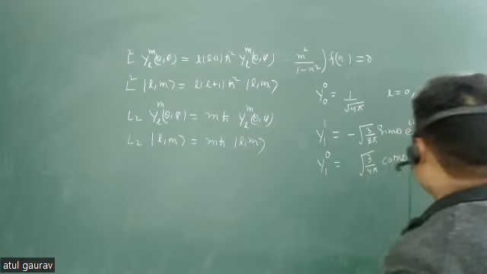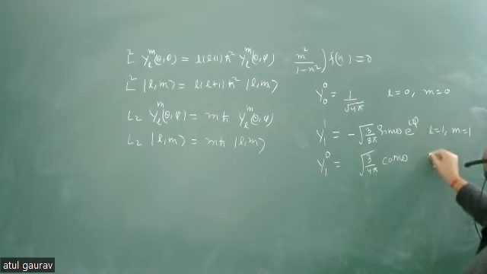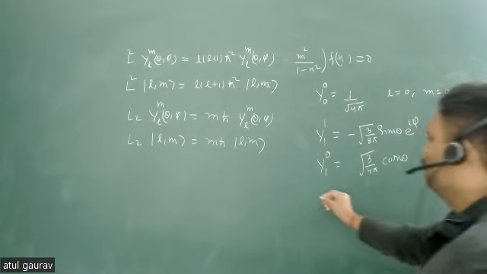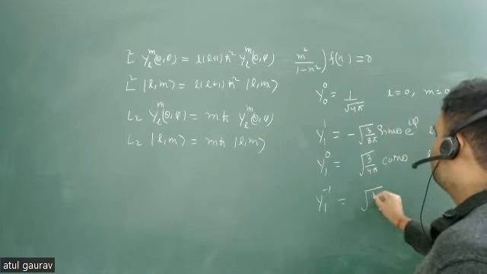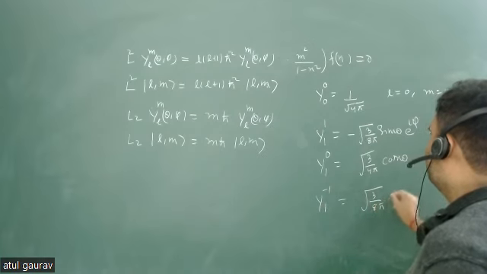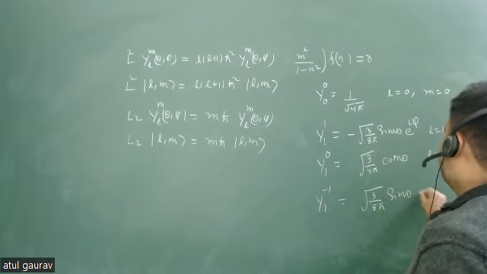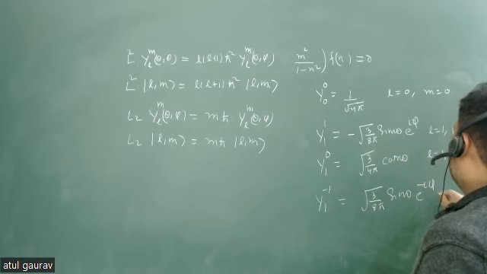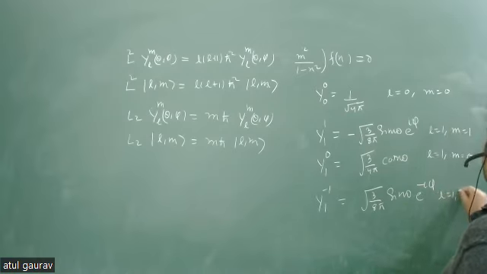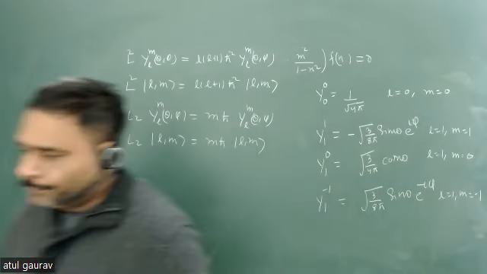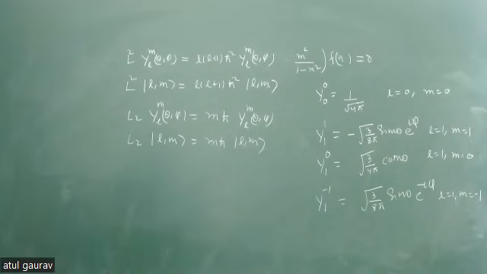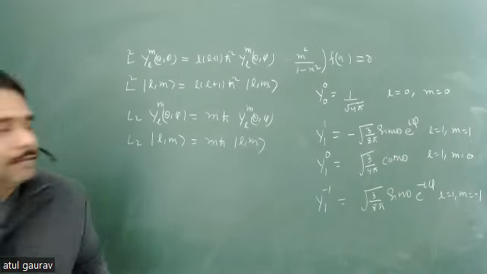Obviously m is equal to 0 means e to the power i phi is 1. So L is equal to 1, m is equal to 0, and Y 1 minus 1 is root 3 upon 8 pi sine theta e to the power minus i phi. L is equal to 1, m is equal to minus 1. So you have this kind of situation.